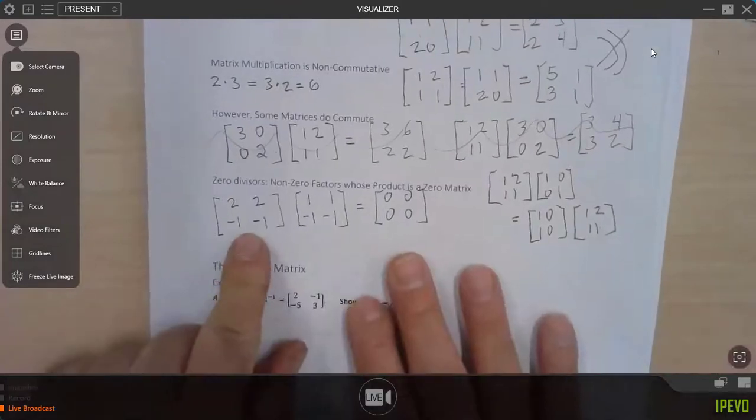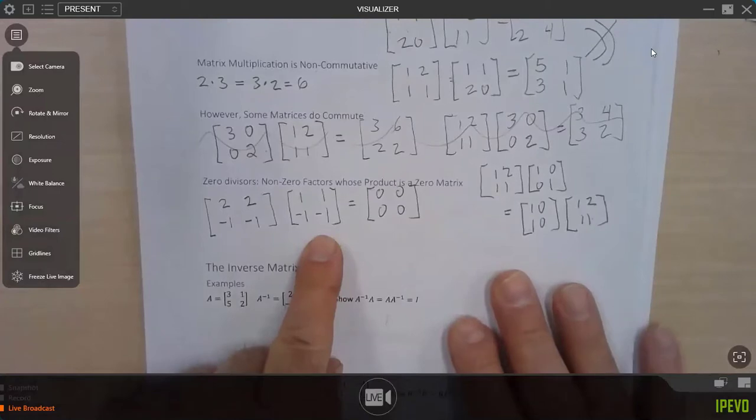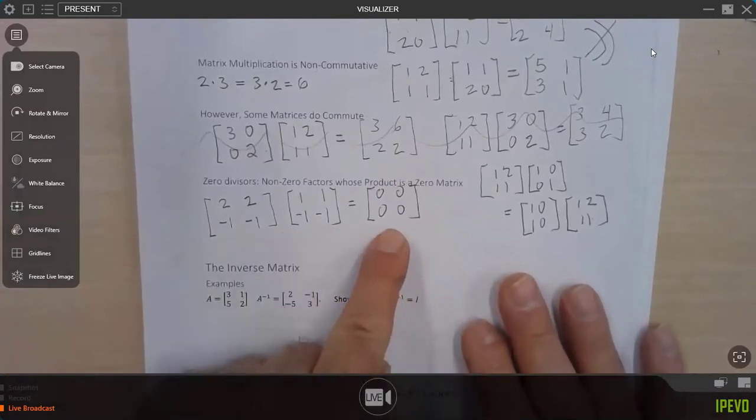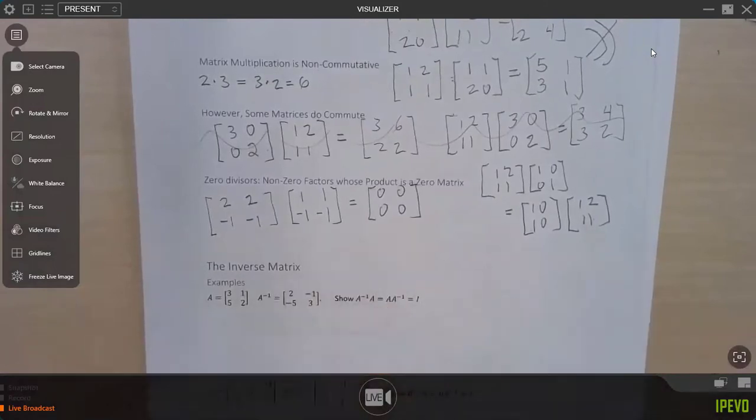So this is a non-zero factor, and this is a non-zero factor. But if I multiply them together, I get a zero matrix. That cannot happen with real numbers, right? If you have x times y equals 0, then either x is 0 or y is 0. But with matrices, not true. A times B can be 0 when neither A nor B are 0.